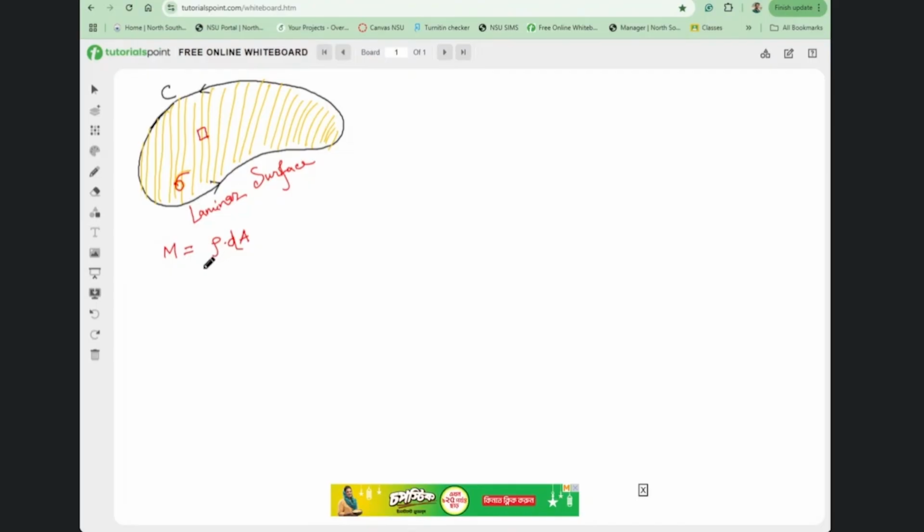If density is not constant, that means along this laminar surface some part has high density, some part has low density, right? Then we need to rewrite it as a function of x, y.